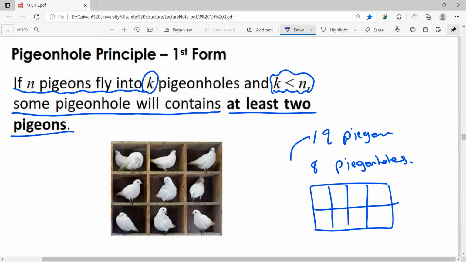If we put these pigeons into these pigeonholes, there is at least 1 pigeonhole which contains at least 2 pigeons. For example, it's 1, 2, 2, 2, 2, 1, 1. As you see, there is at least one pigeonhole which contains at least 2 pigeons.